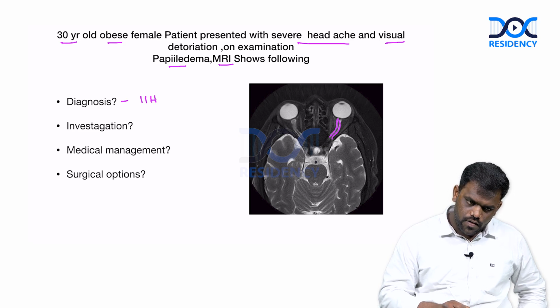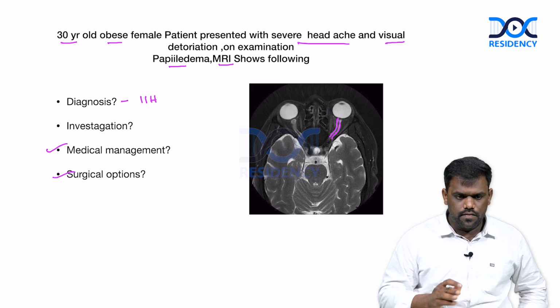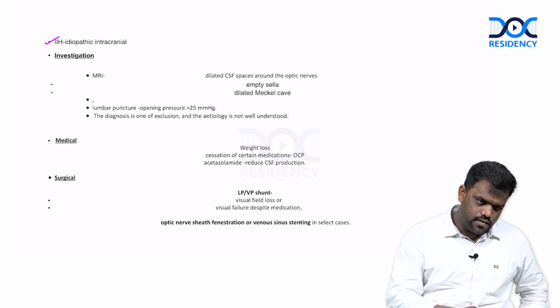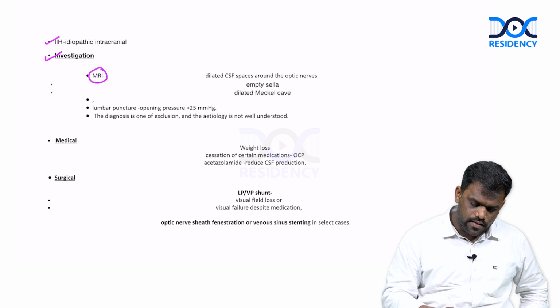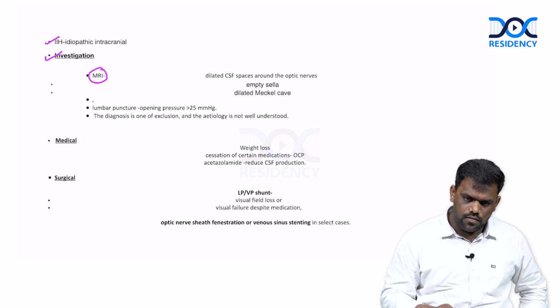So what are the investigations, medical management and surgical management for these cases? The diagnosis is idiopathic intracranial hypertension. For investigations in MRI, you look for dilated CSF space around the optic nerve, an empty sella, and a dilated Meckel's cave. Here you can see the dilated CSF space around the optic nerve.